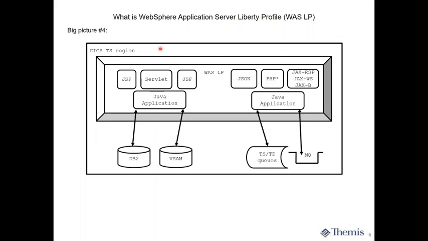So the last of the big picture, if you will, again, I could have standard Java applications that are JCICS, actual Java applications talking to the CICS resources, or I could have Java applications doing their own thing inside of Liberty, doing nothing more than JSPs, JSFs, servlets, but we can also work with all the newer stuff, JSON processing, PHP scripts, the JAX stuff, right? JAX-RS is to do RESTful web services.